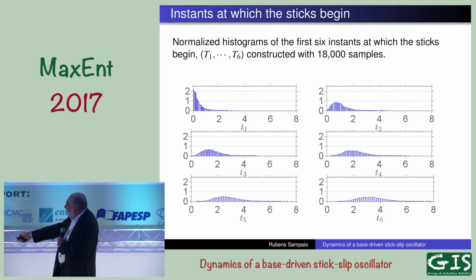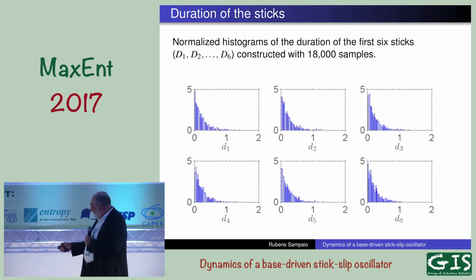For example, here is the probability distribution of the first stick, the second, the third, the fourth, the fifth, the sixth. You see, this thing is being displaced to this part, of course.